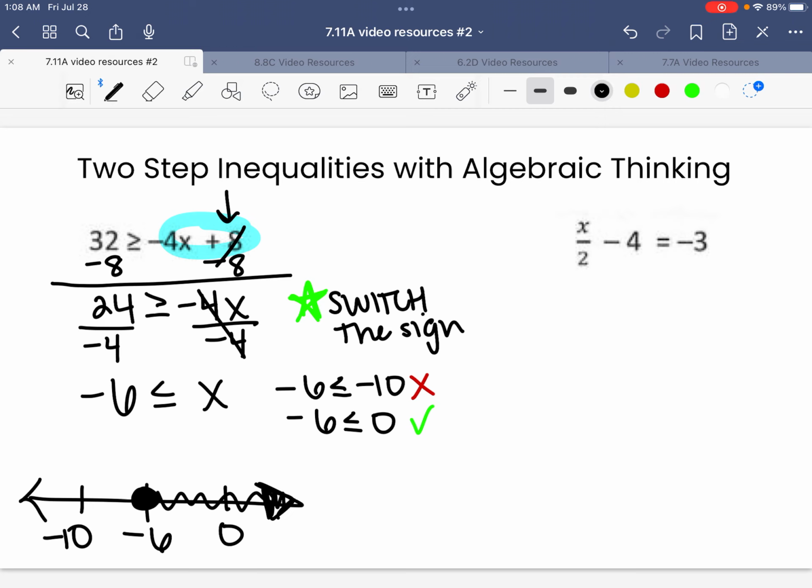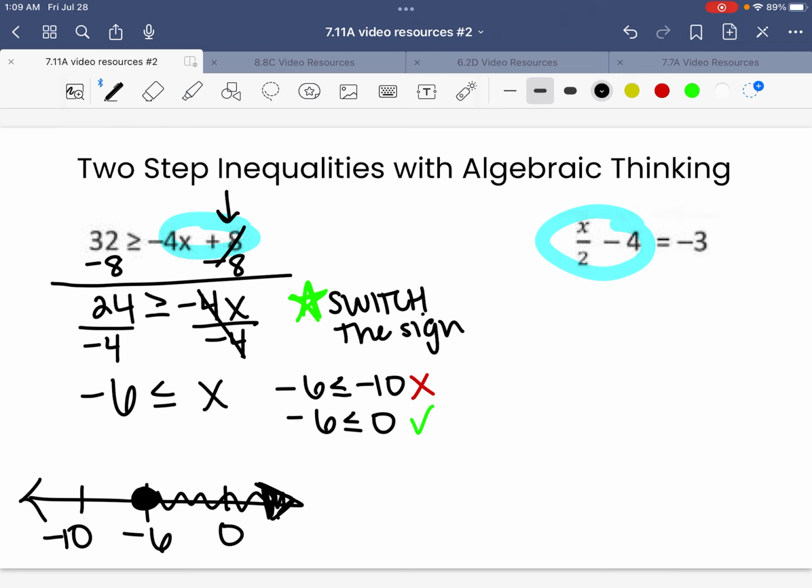All right, one more. So we have x over 2, or x divided into two parts, minus 4 is equal to negative 3. Again, just like the other one, we're looking at the side of the equation that has the variable. So I'm saying x cut into two pieces minus 4 has to be equal to negative 3.